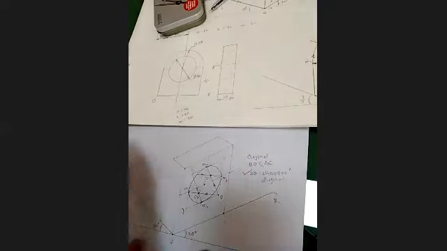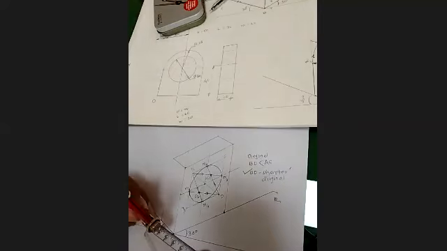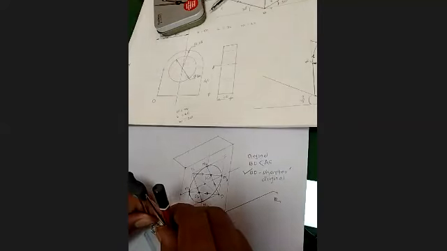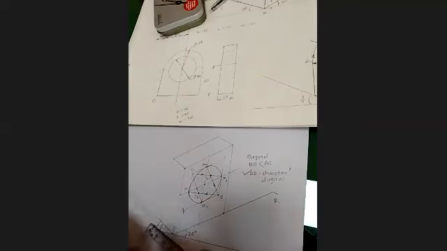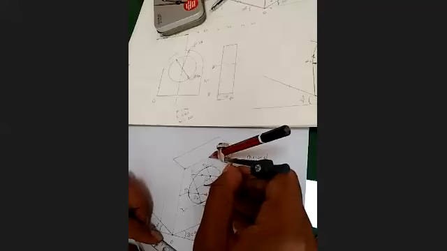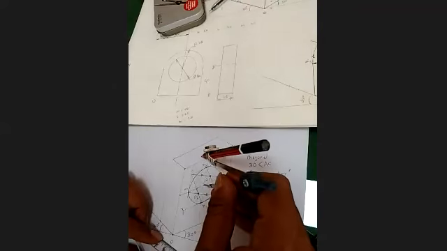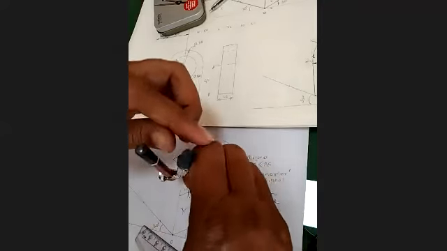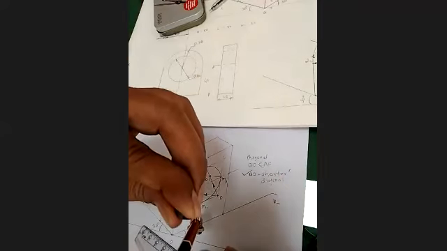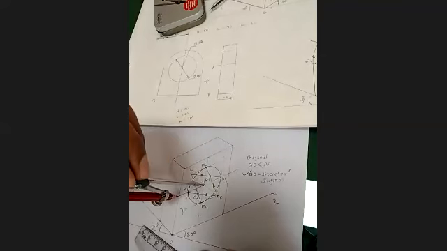What is the radius of that semicircle? 30 millimeter, right? So take 30 millimeter in the compass. With this center you are going to get this 30, and on the bottom side I have to take it 30 now. Now on all sides it is 30, right?